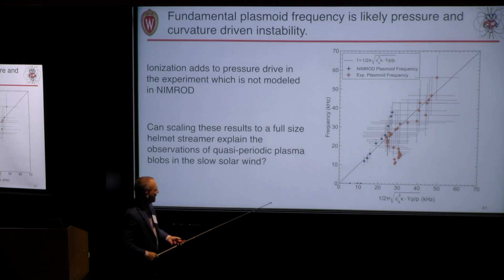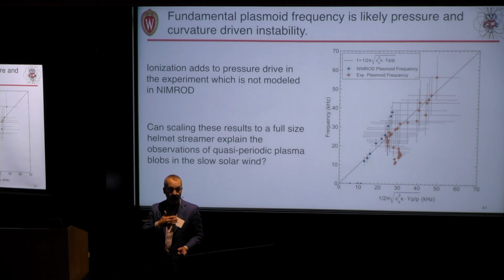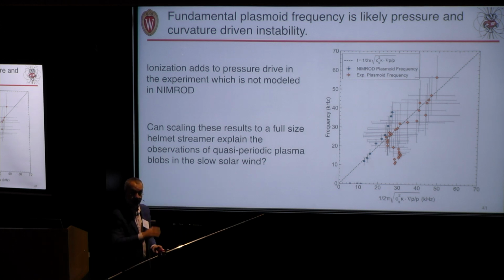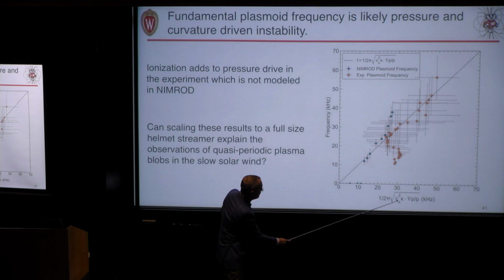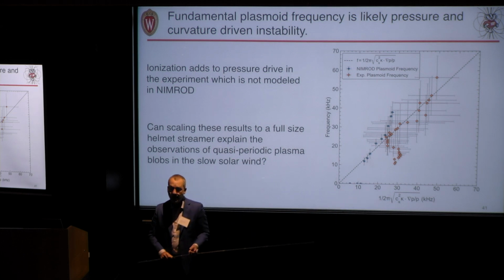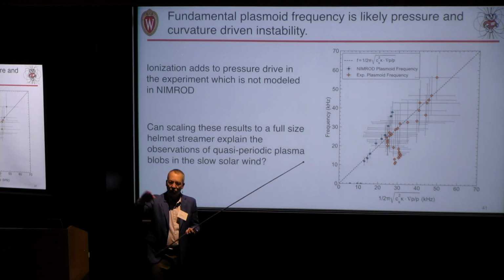In the simulations and in the experiment, the common parameter which seems to bring them together is essentially a curvature-driven growth term that you might get from MHD. We find that the simulations and the experiments predict the right frequency, where the frequency is set by the growth rate for these instabilities to bubble out.